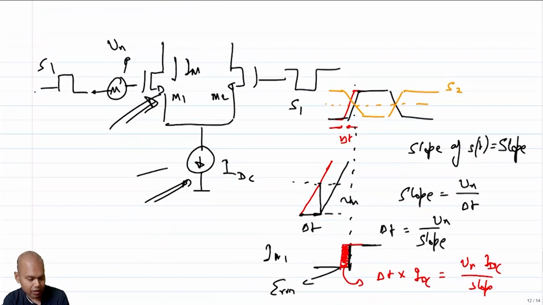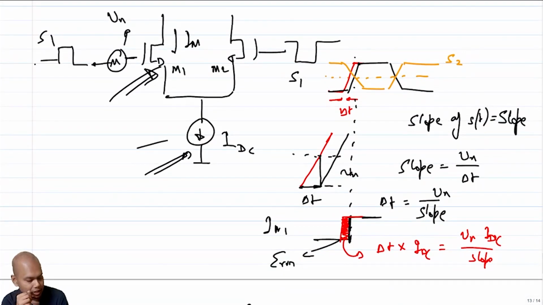So if there is not much difference between the driving capability of NMOS and PMOS, that is, if mu p and mu n are not widely different, not like 3x different, there are some technologies where mu p and mu n are not that much different, and you can characterize the PMOS and the NMOSes, and you see that the flicker noise of PMOS is still lesser than NMOS, then it will be useful to go for a PMOS switch, right?